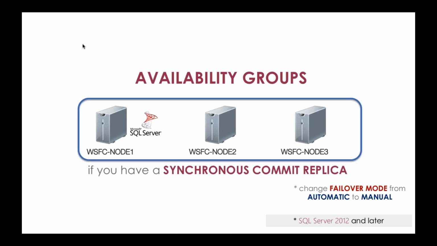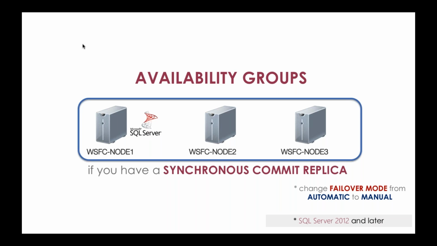In an availability group, you have to go into either SQL Server Management Studio and change the failover mode from automatic to manual, or you could use PowerShell with the SQL Server PowerShell modules, or T-SQL. The idea behind changing the failover mode from automatic to manual is that SQL Server will then talk to the failover cluster API and remove this node from the possible owners list.